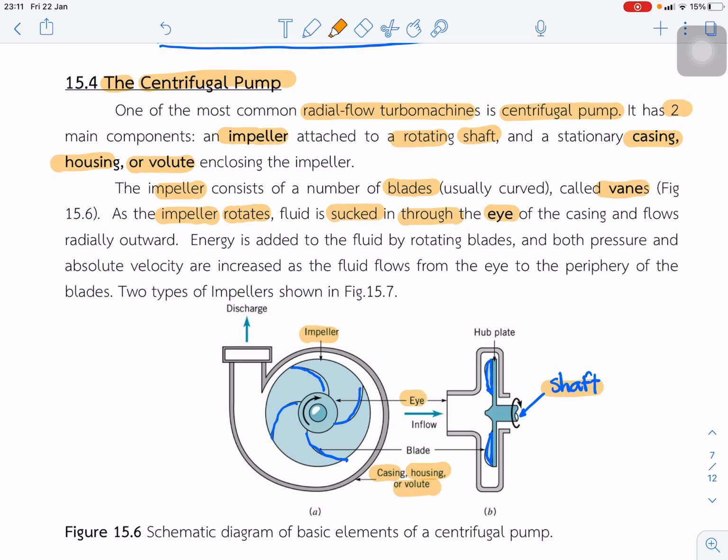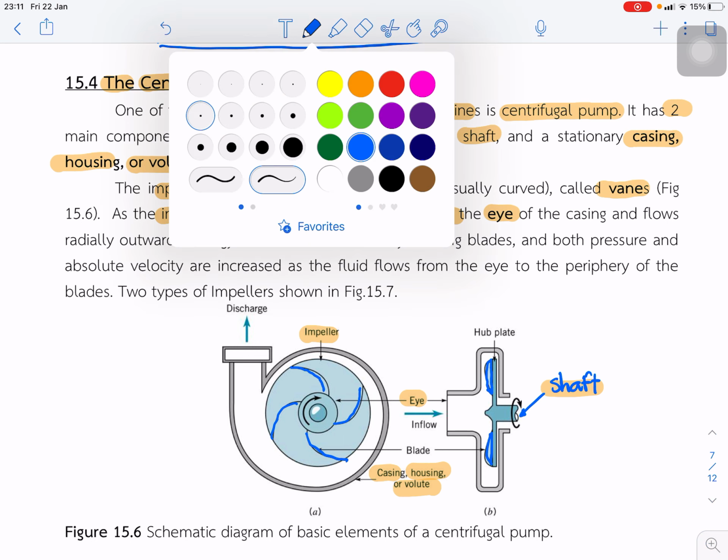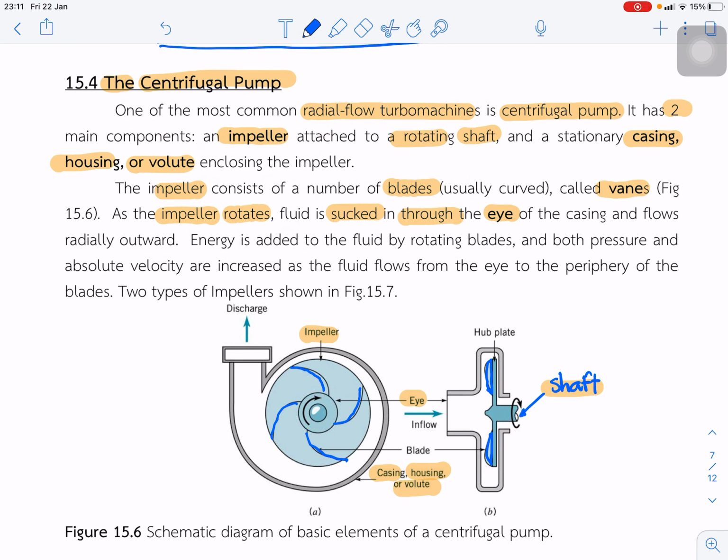So this is the eye of the pump, and water is sucked in through this direction, through the eye of the casing, and the flow moves radially outward. Once it is moved to the eye, it moves radially outward, and flows out in this direction.